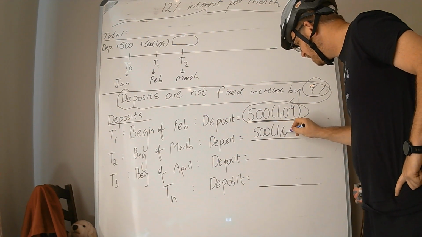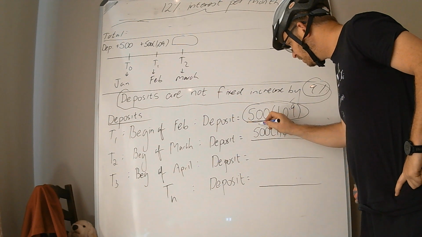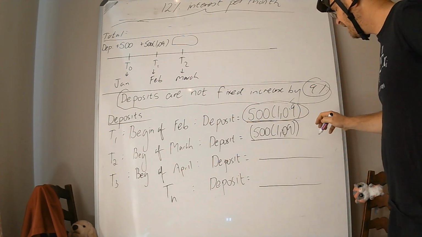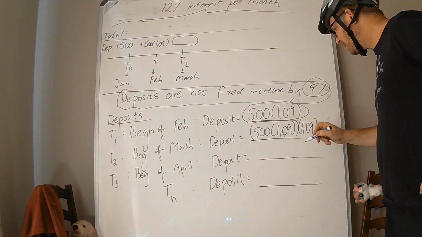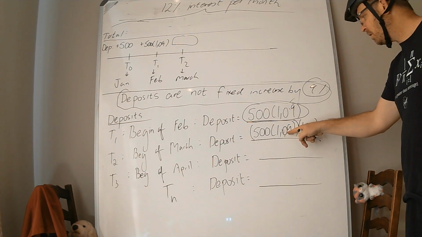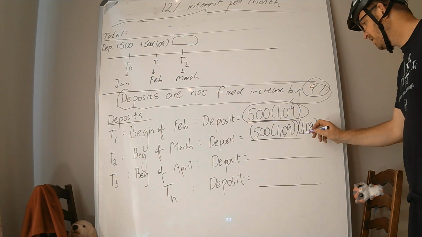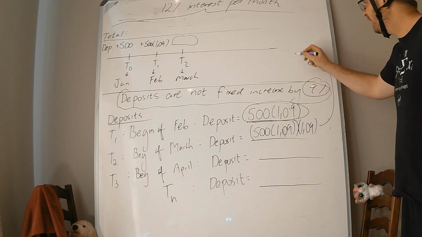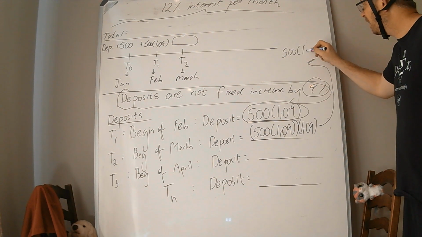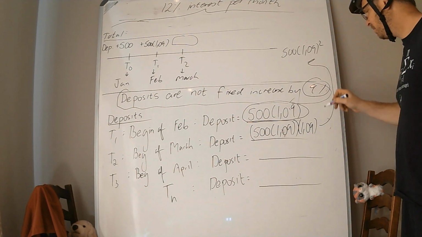Okay, so that's your deposit in the previous month. And now you're applying 9% interest to that, so you're going to times that by 1,09 again. And what's 1,09 times 1,09? So you end up with 500 times 1,09 squared.